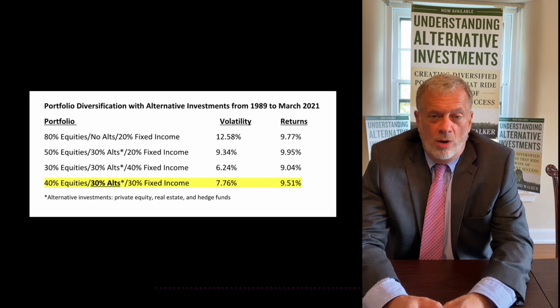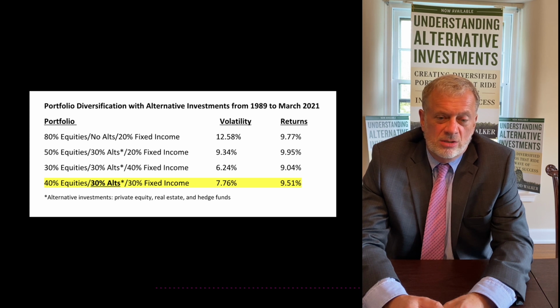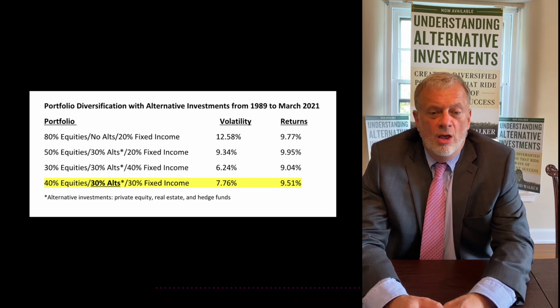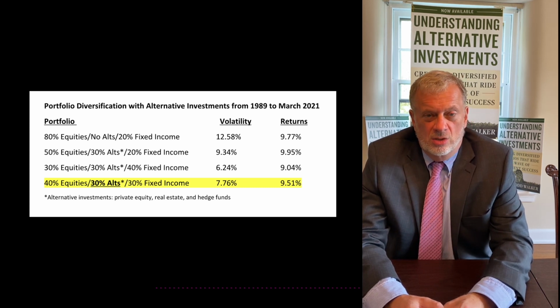So let's take one more example. Let's say 30% alternative investments, 40% equities, and 30% fixed income. If you're enamored and in love with equities and you have to have them and you want a good portion, 40% equities is a lot. And if we have 30% alternatives, it's a fairly aggressive portfolio.